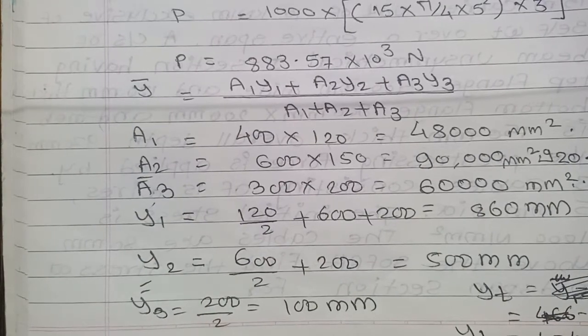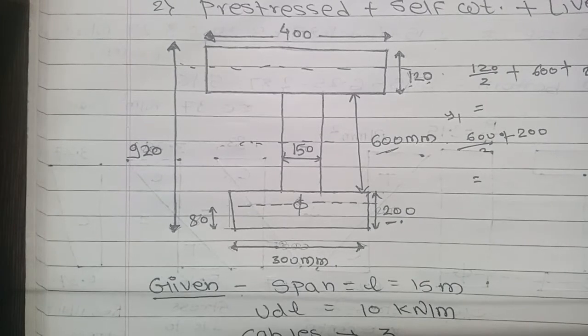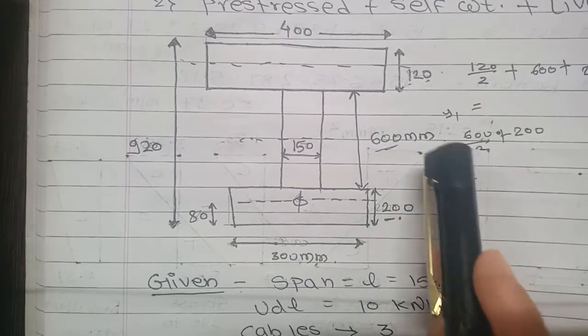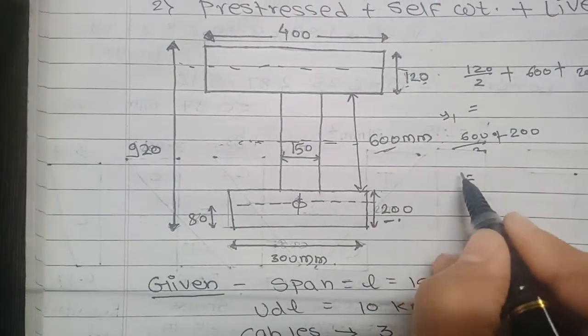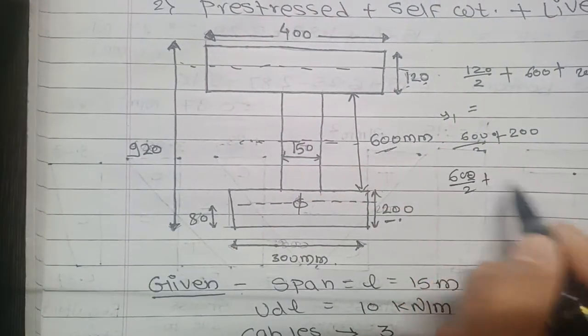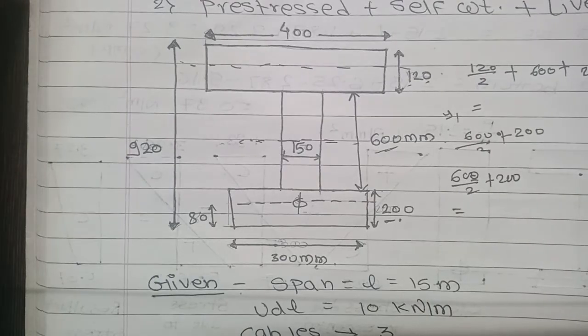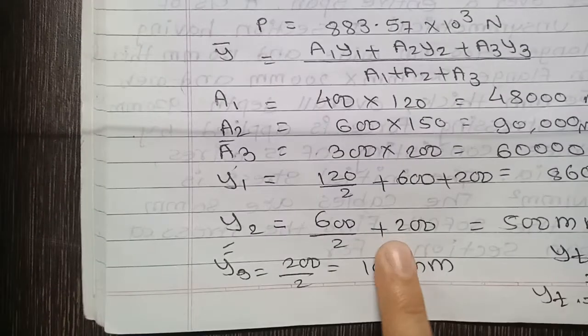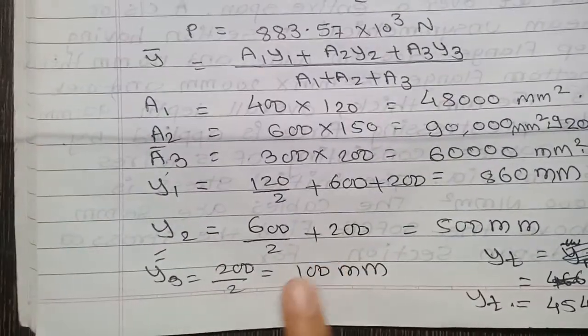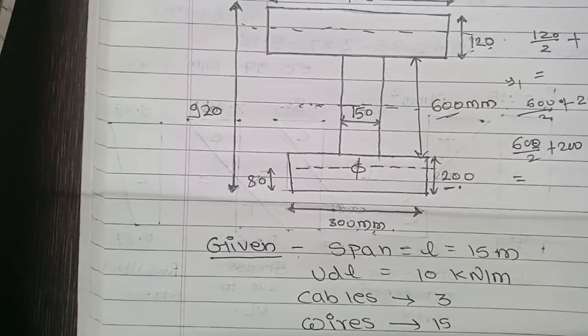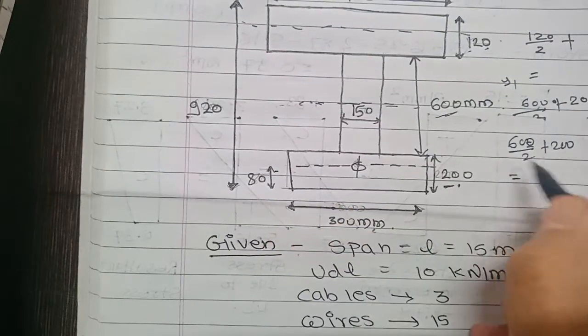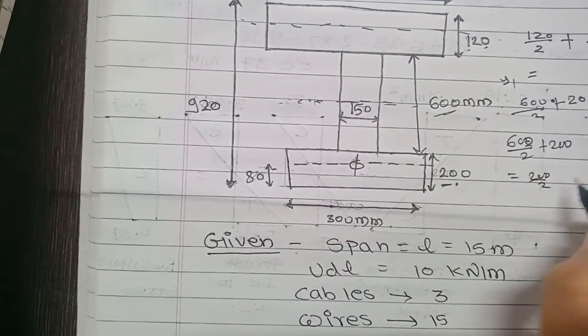Now Y2, if the cable is passing through the web at midsection, that is 600 divided by 2 plus 200, we get Y2, that is 500 mm. Now Y3, suppose the cable is passing through the midsection of the bottom flange, hence 200 divided by 2, we get 100 mm, that is Y3.